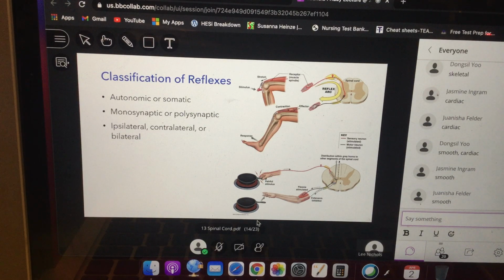There's its soma in the dorsal root ganglion, and it comes through the dorsal root and synapses with a motor neuron that sends an impulse out to the muscle fibers, causing the muscle to contract. But there's only one set of synapses. There are two neurons, a sensory neuron and a motor neuron, and one set of synapses between the two.